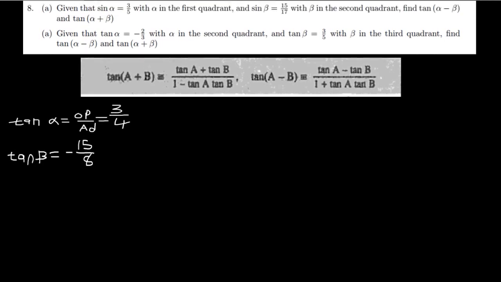Tan beta and tan alpha we found. Now we can use one of these formulas to solve the above questions. Our first question was asking us to find tan of alpha minus beta. This becomes simpler now, because we're just going to be putting the values that we've already found in this formula here.